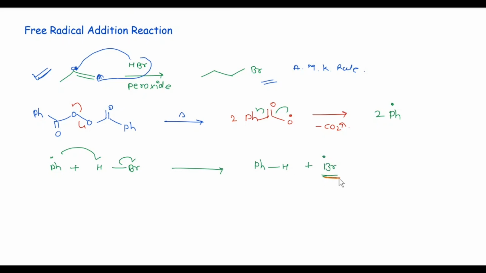In the next step, this Br radical reacts with the alkene. This Br radical attacks this carbon atom, and this double bond opens on this carbon, and a new secondary radical is formed.